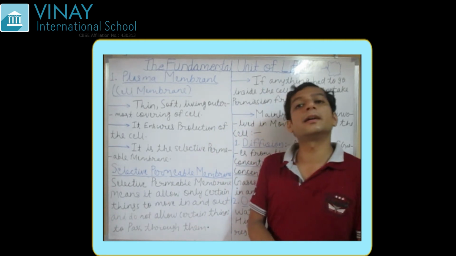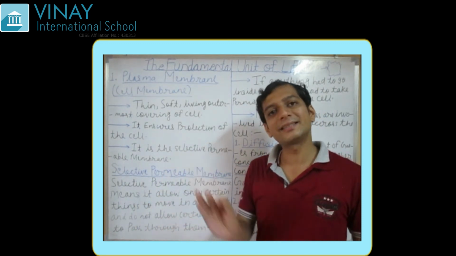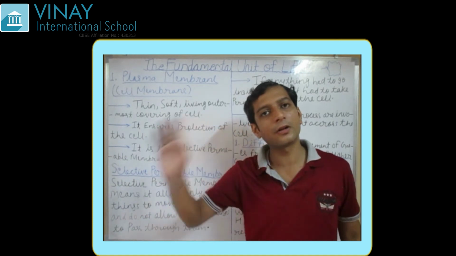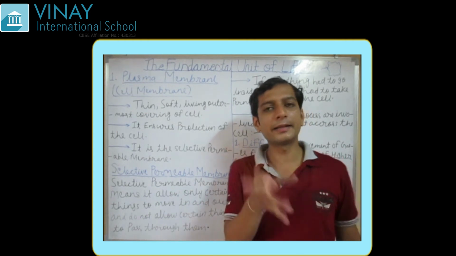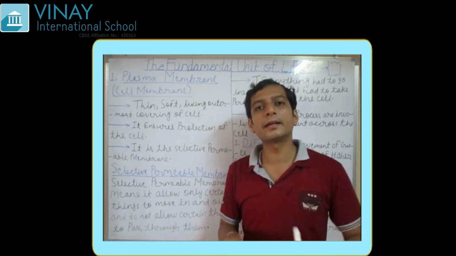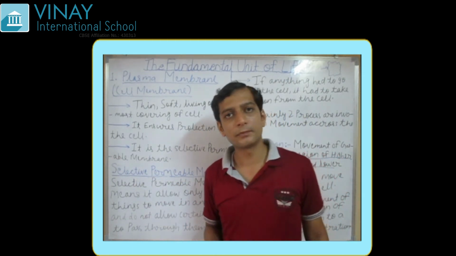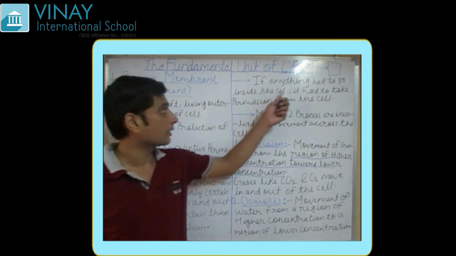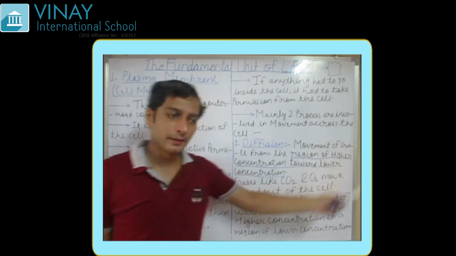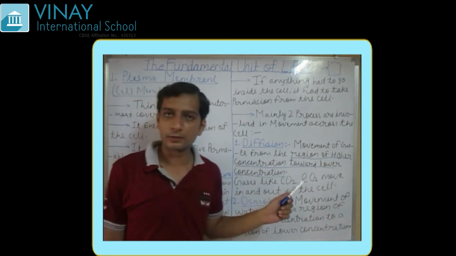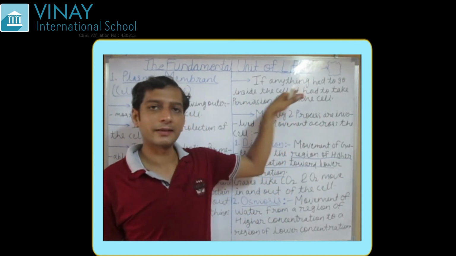Without its permission, nothing can enter. No enemy can enter without the permission of the selective permeable membrane. If anything has to go inside the cell, it has to take the permission of the selective permeable membrane.